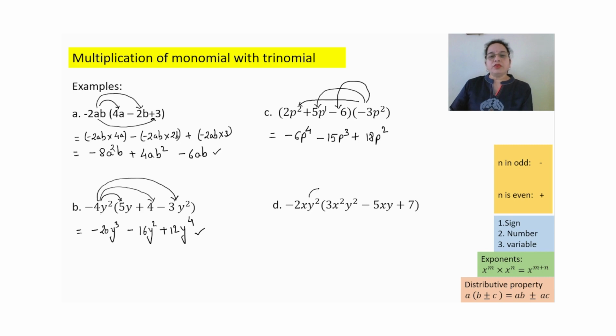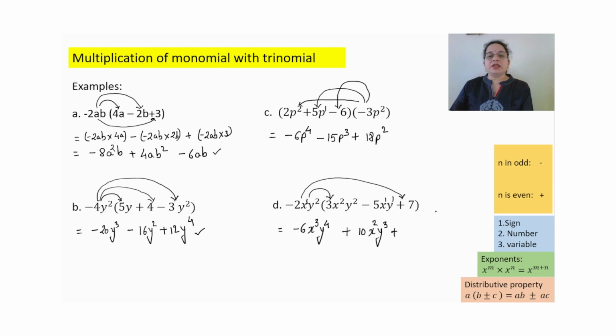Again we will multiply these two. Minus sign is there outside the bracket, so all the signs inside the bracket we will change. So the first one will become minus 3, 3 2s are 6, x raised to the power 2 plus 1 will give you 3, y raised to the power 2 plus 2 will give you 4. This minus will become plus, so 5 2s are 10, x raised to the power 1 plus 1 will give you 2, y raised to the power 1 plus 2 will give you 3, plus, and now we multiply by the last one.